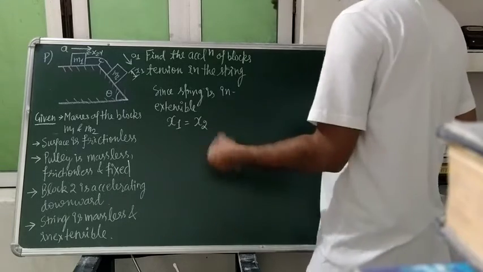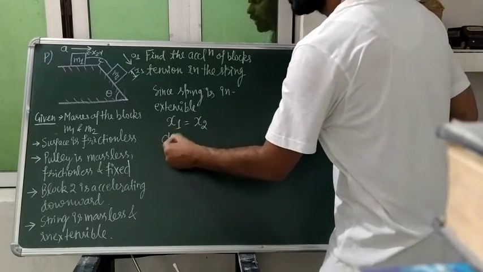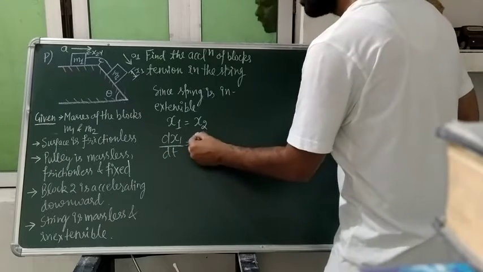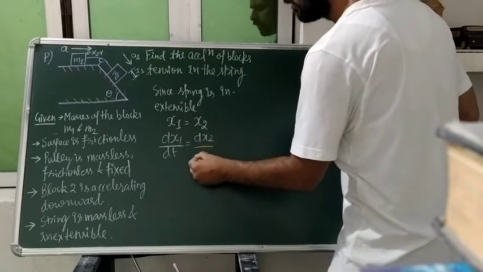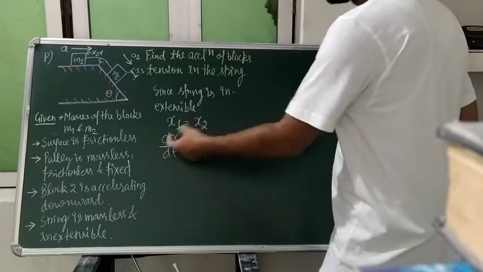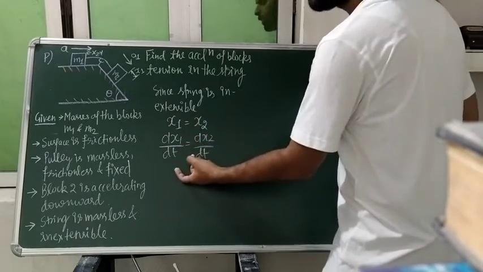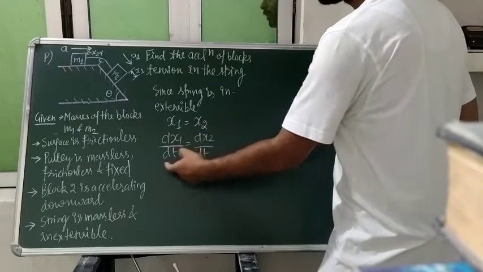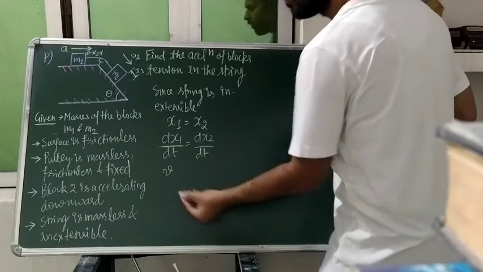Now differentiate it with respect to time. So dx1 upon dt will give us dx2 upon dt. Change in distance upon change in time gives us velocity.